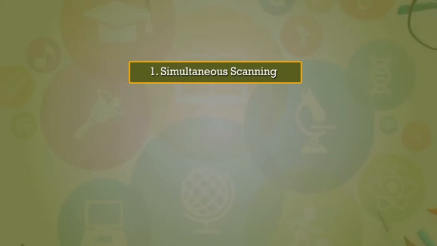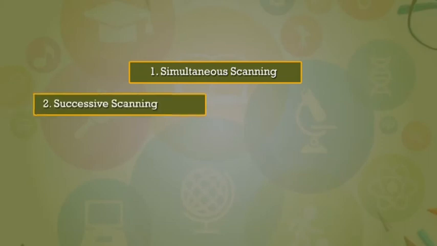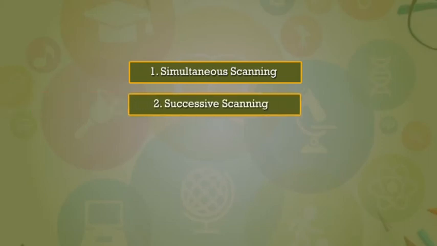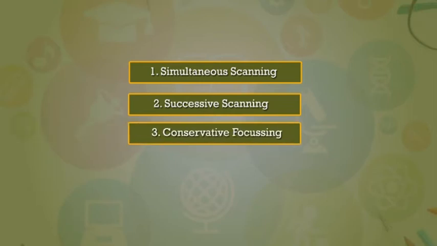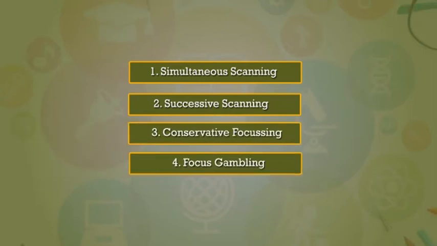In the case of the selection model, the teacher analyzes the thinking strategies employed by the students, which according to Bruner and his associates are: number 1, simultaneous scanning; number 2, successive scanning; number 3, conservative focusing; and number 4, focus gambling. In this model, the students may ask about their own examples in order to attain the concept.